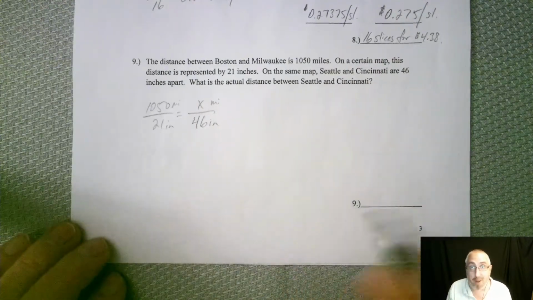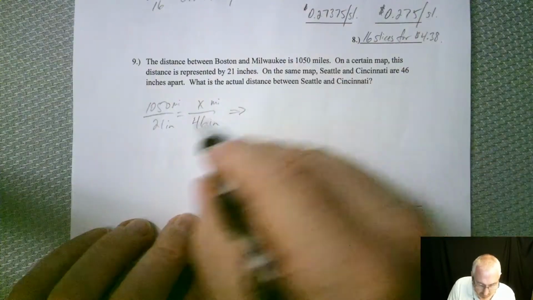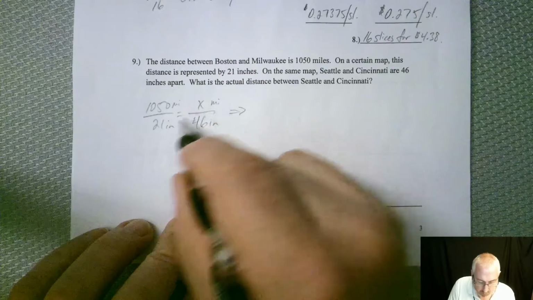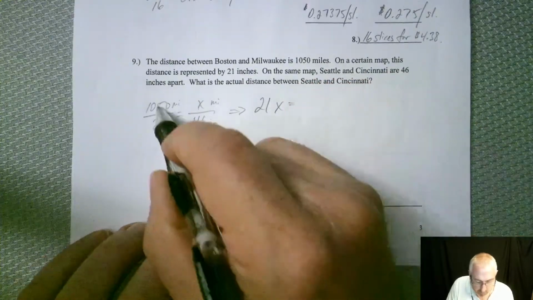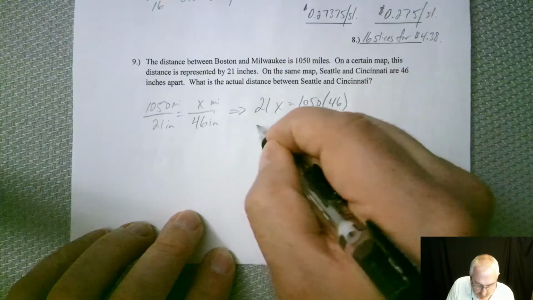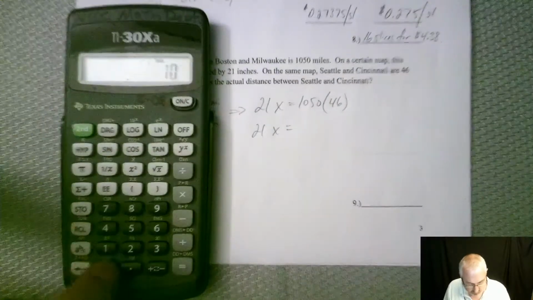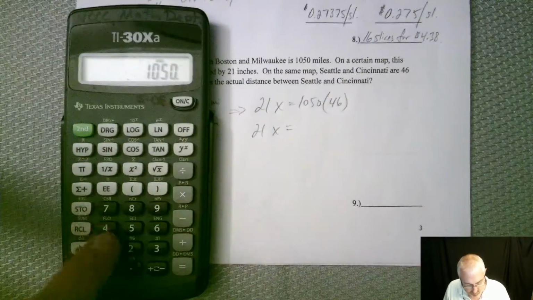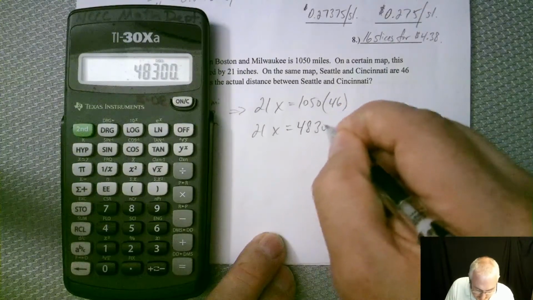Well, once you have it set up, now it's all downhill. Now we can cross multiply. So let's start with the unknown cross product first. So 21x equals 1050 times 46. So I don't know what that is. So let's use our calculator to see. 48,300.